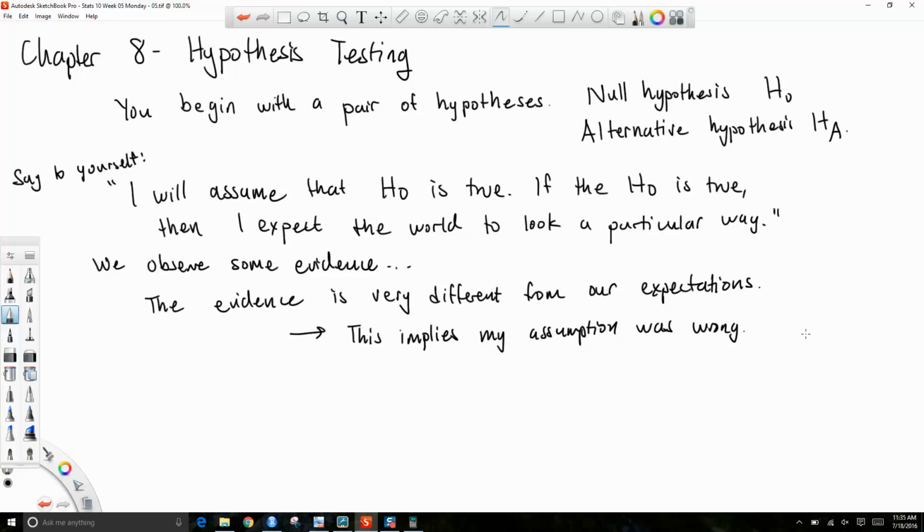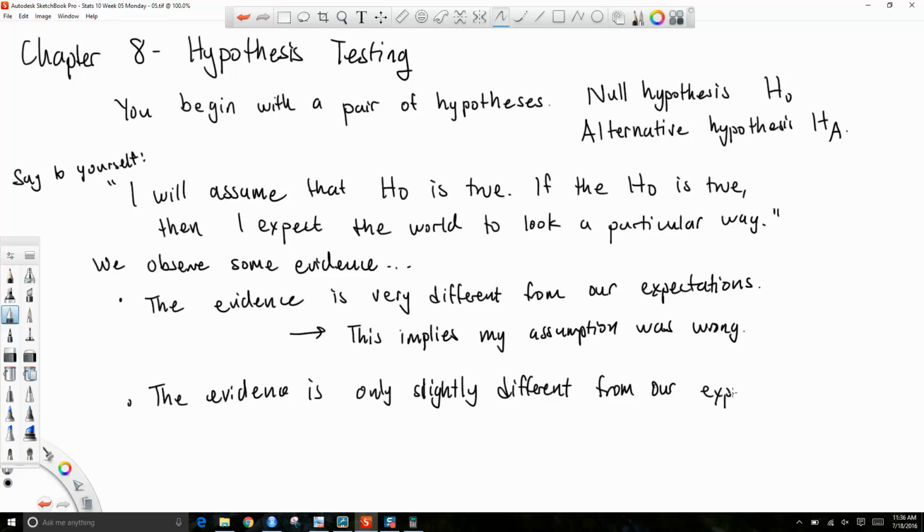Okay. Or the other possibility is the evidence is only slightly different from our expectations. Okay? And so then in this case, we have no reason to doubt our beliefs, okay? No reason to doubt my assumptions, or doubt our assumptions.